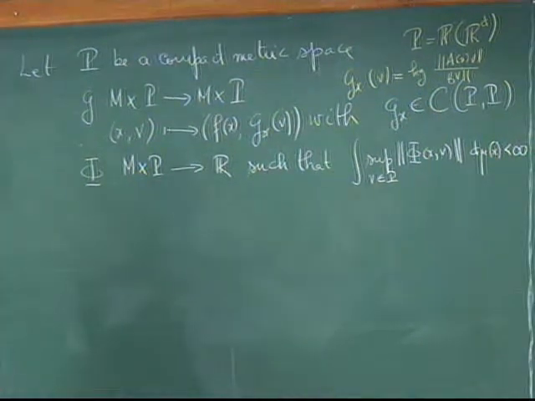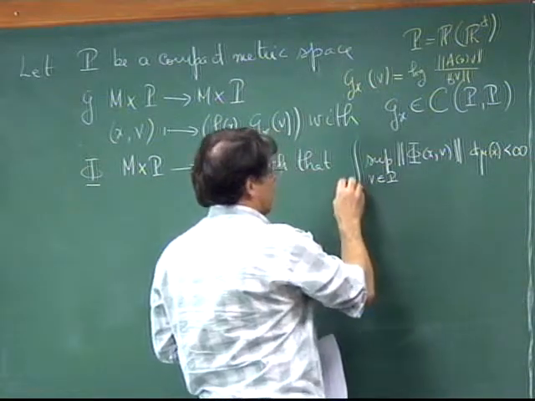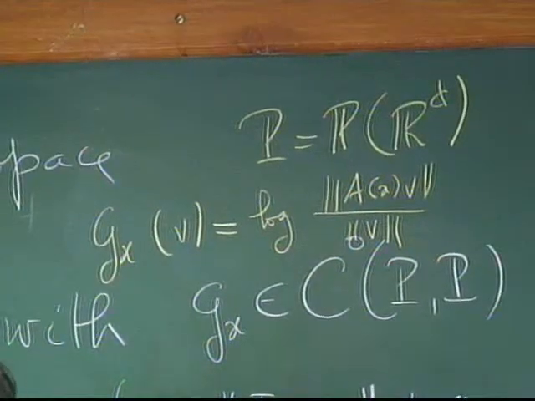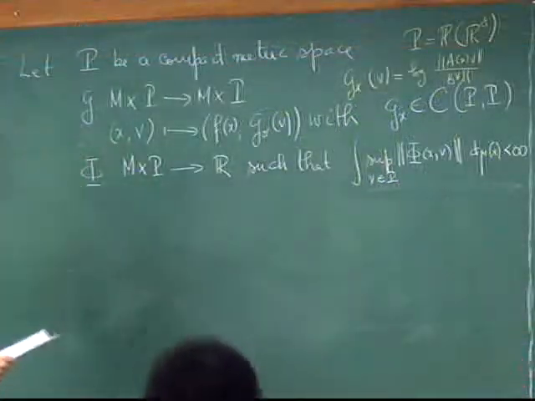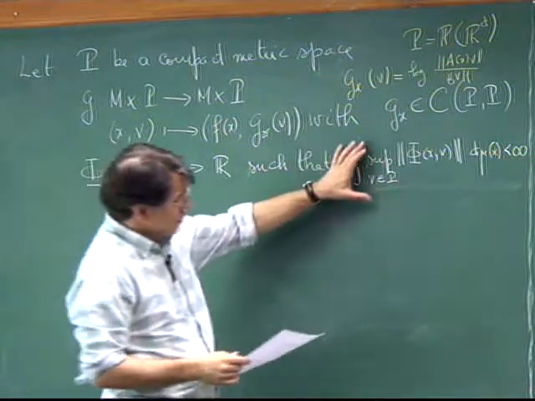And then there's a space of functions that I call F. These are the functions for which this object is finite.